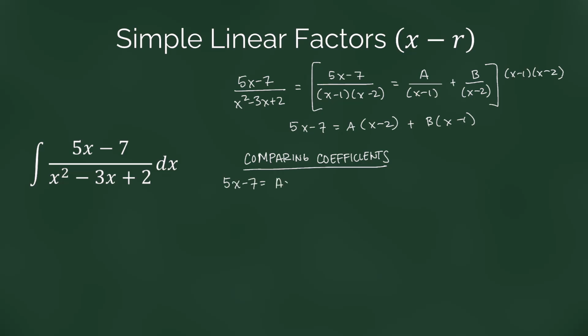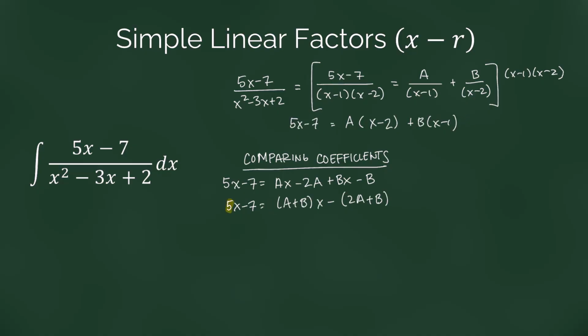So there we get 5x - 7 equals Ax - 2A + Bx - B. We'll group like terms on the right so that we get (A + B) times x minus (2A + B). We're now going to recognize that the coefficient of the x term on the left should match the coefficient of the x term on the right. That gives us the equation 5 equals A plus B.